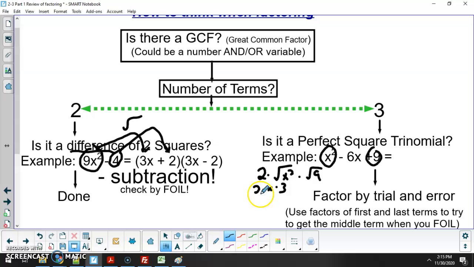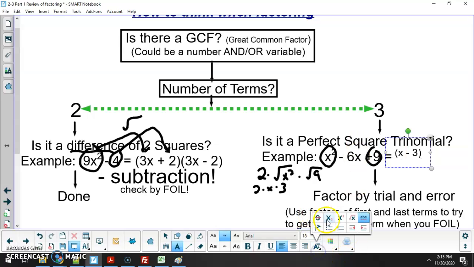It doesn't give you the minus part, so you have to put the minus part in when you write how this factors, and this would factor into x minus 3, the quantity squared. Like before, you have to take the square roots of these perfect squares, and the sign in the middle is actually the same sign as this. Once again, you can check it by foiling. x minus 3 times x minus 3 will give you this.